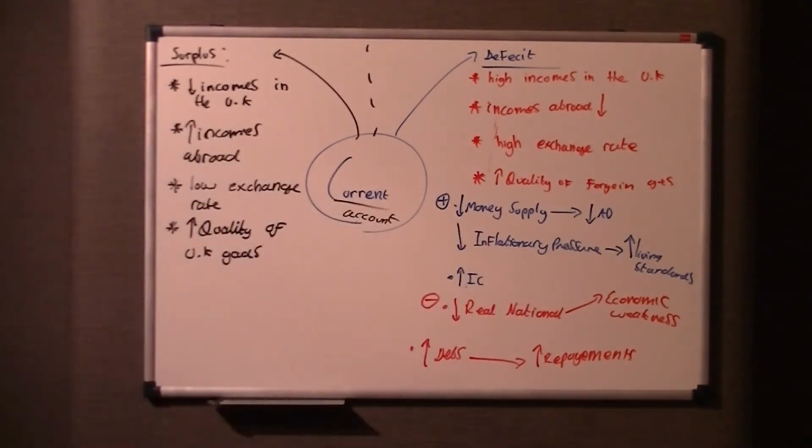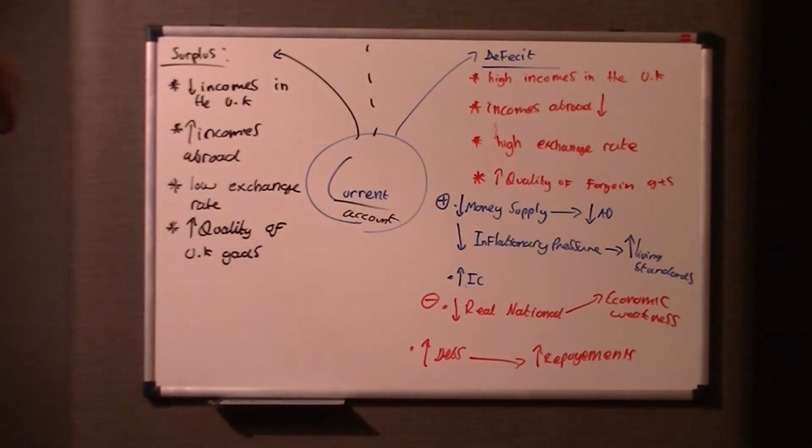And that's a disadvantage there, and you could expand that if you wanted to. So a current account deficit must be financed by something, which we talked about, the debts and the repayments.